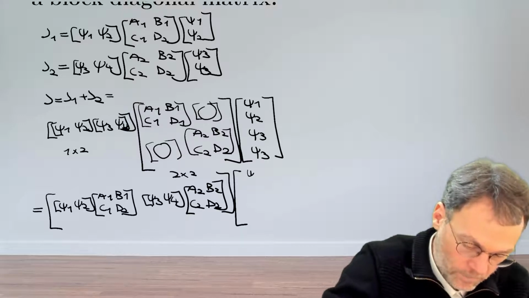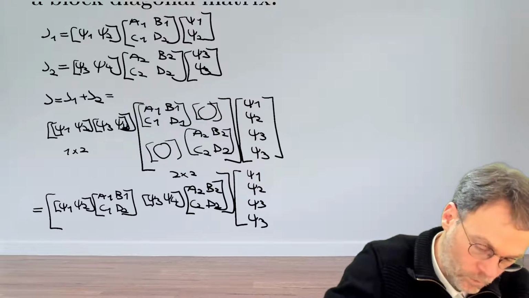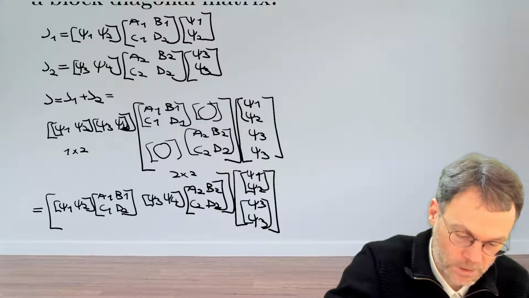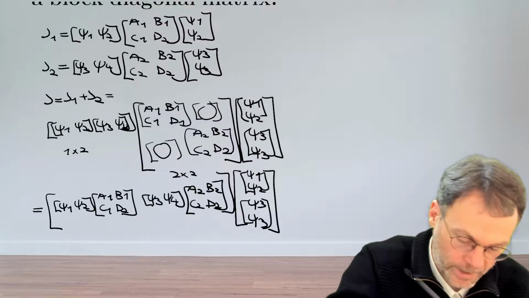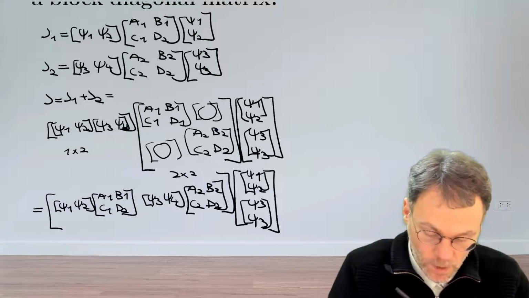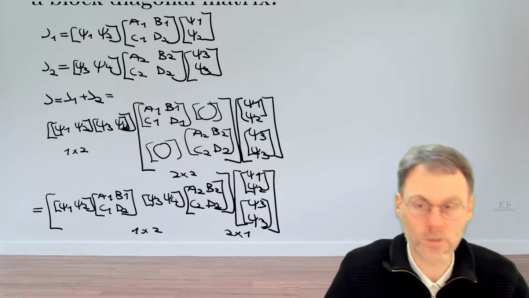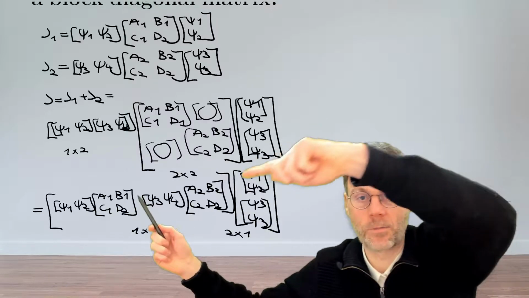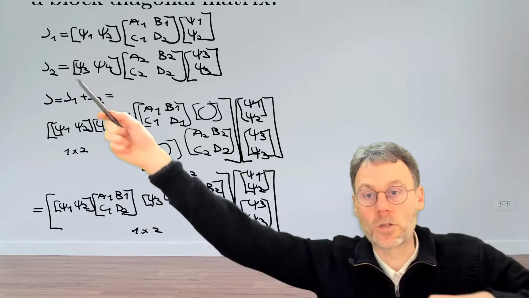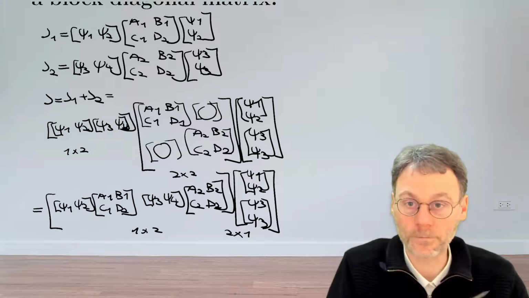And then we have psi1, psi2, psi3, psi4, which actually should also be considered as block vectors here. So now we have a 1 by 2 times a 2 by 1. So if you multiply that out, you multiply this thing by that thing plus that thing by that thing. And that's just summing these 2 things, which is indeed what you should show.